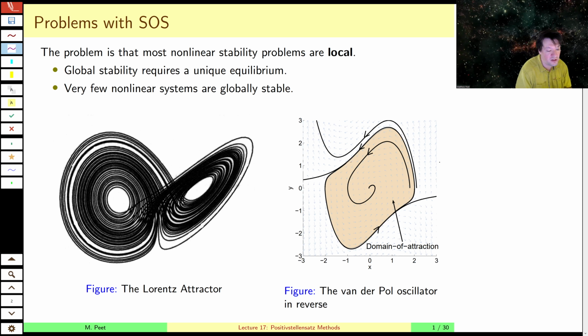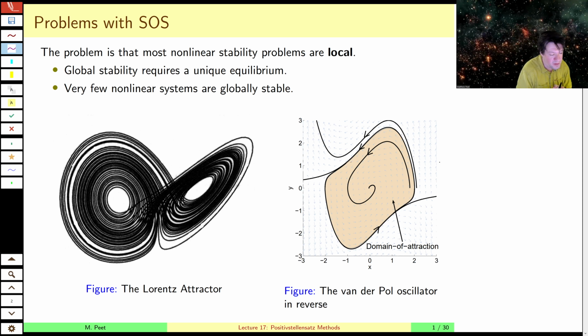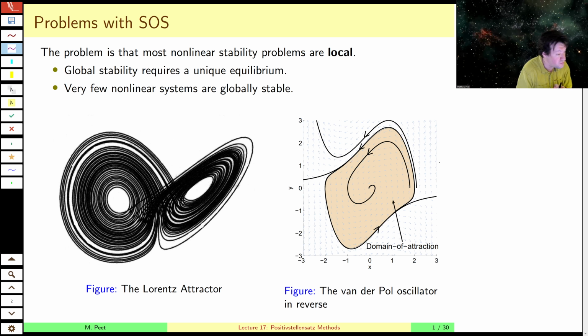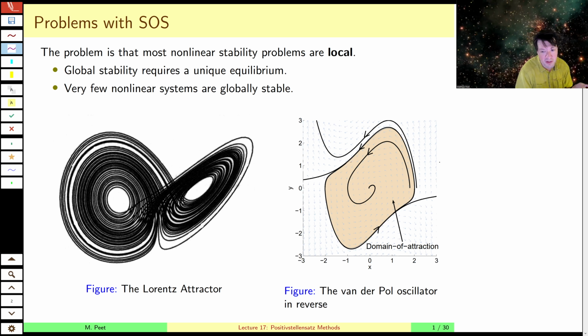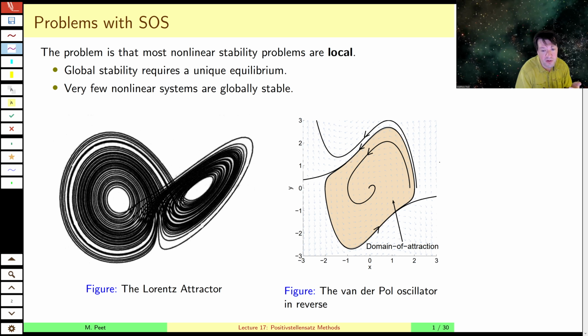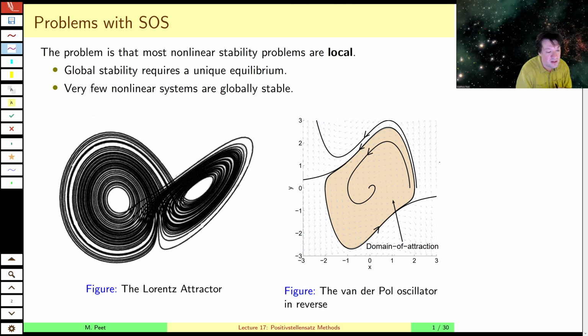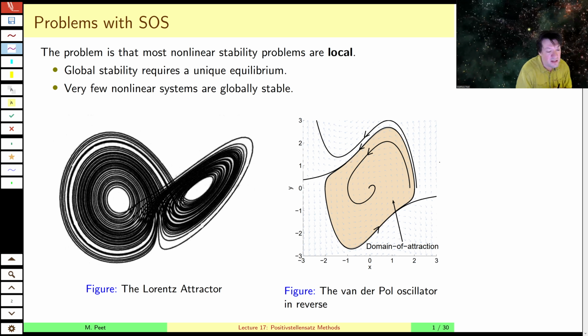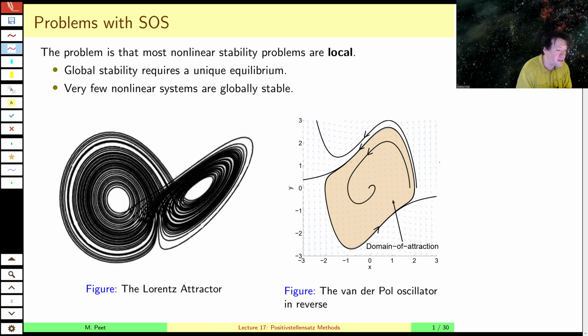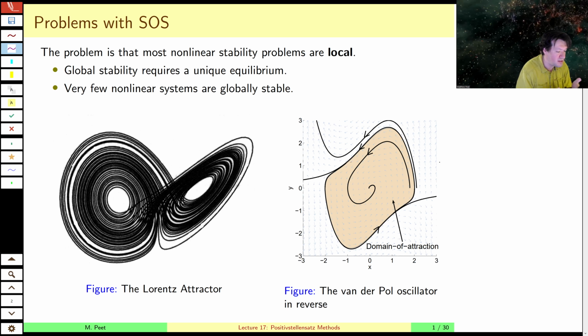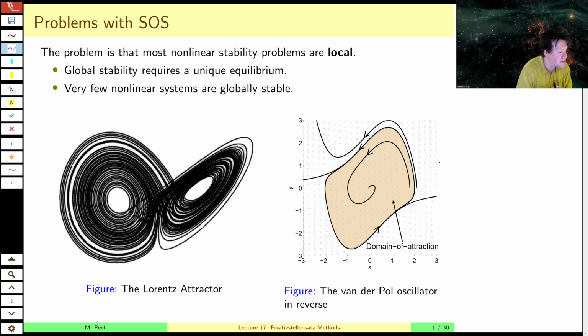Certificates are basically obtained through deductive reasoning. And so in sum of squares for positivity, we went through all the ways of deducing positivity. And in this case, we'll be looking at how to deduce infeasibility. So that will be taking basically the same approach.